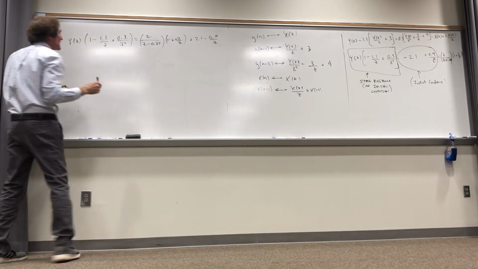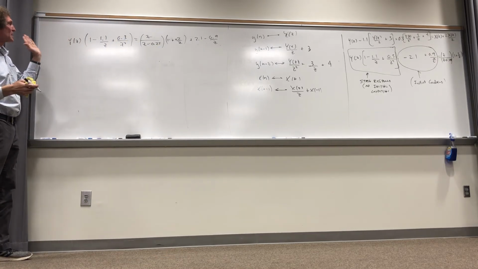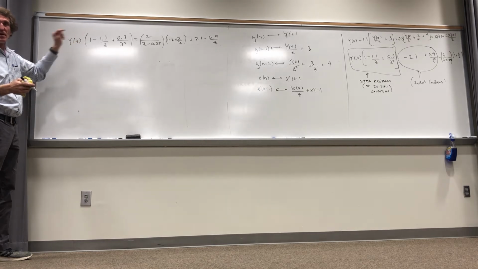And then the next thing I do is I'm going to multiply both sides by z squared, because I want the z squared. I don't want anything over z.